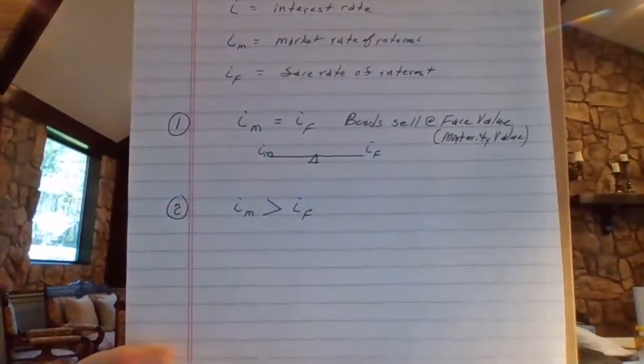So that's scenario 1. Scenario 2, the bonds are selling at a discount. That means the market rate of interest is greater than the face rate of interest. Now think about it. We have people out there that are investing, and if you're investing, it means you made some money, so maybe we can make a risky deduction that you're smarter than the average bear, like Yogi.